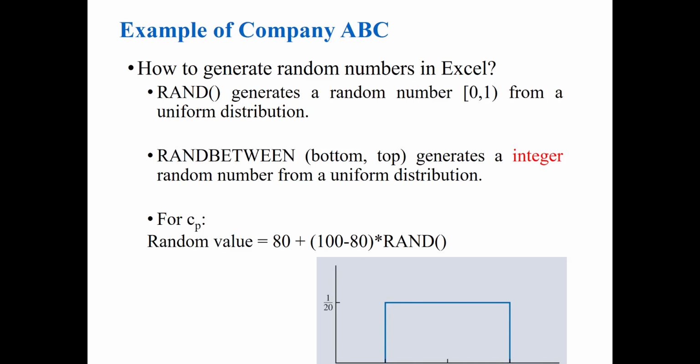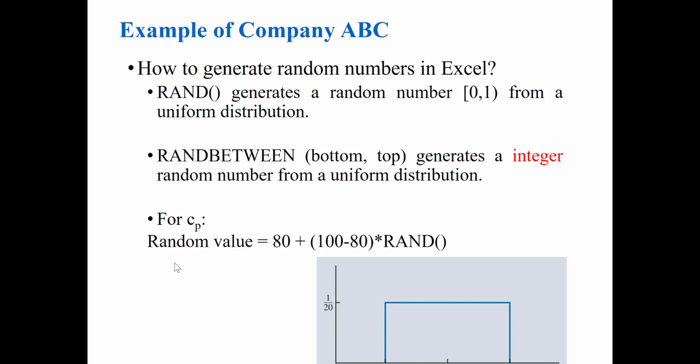The length is the maximum bound minus the minimum bound, so the difference between 100 and 80 becomes 20, times RAND. This is a way that we generate any value between 80 and 100. RAND could be 0 to 1, and we can possibly generate any kind of number. So this is the way that we deal with it in the simulation.